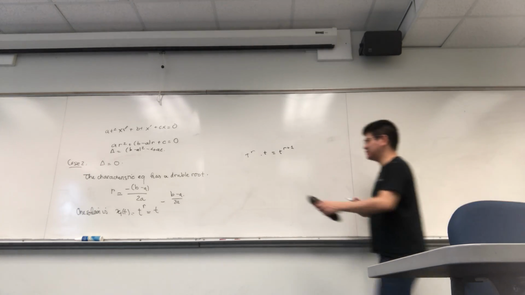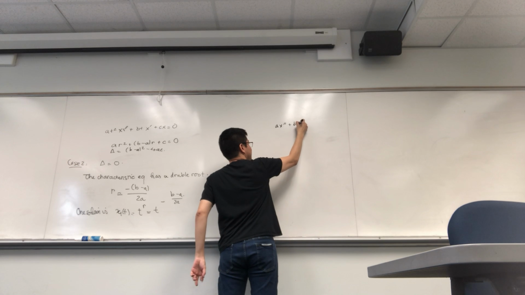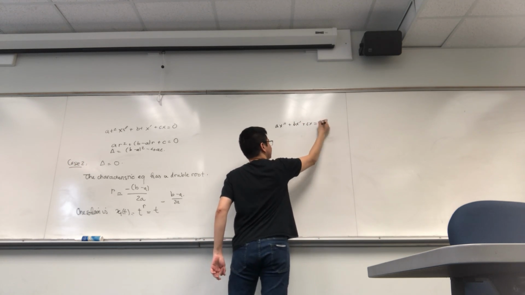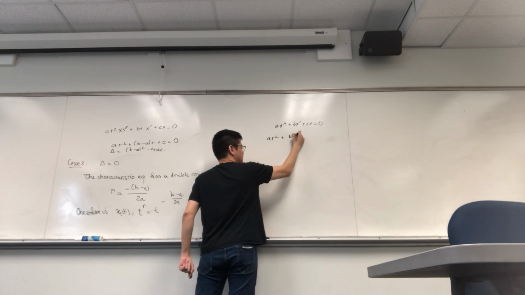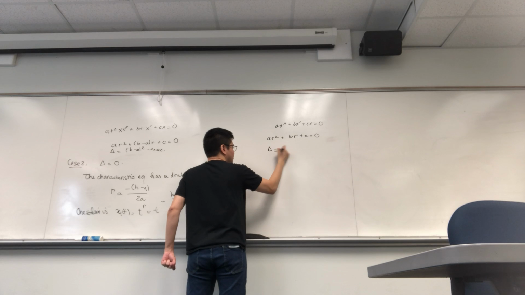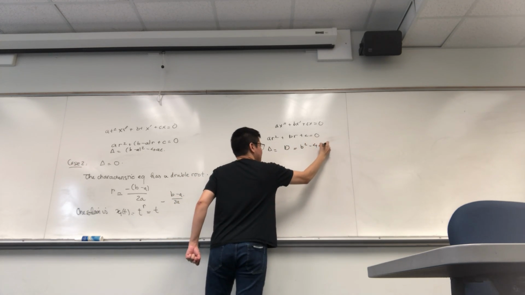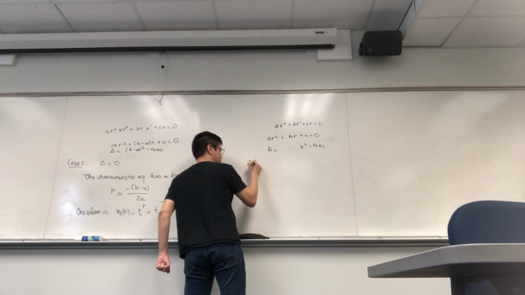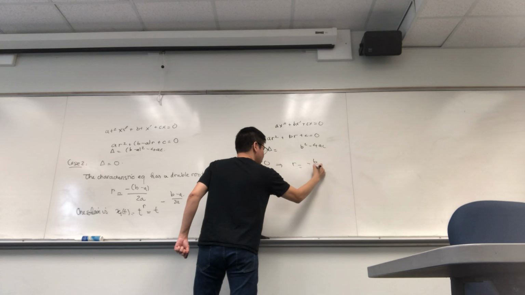Right, so remember that in the other case, for a x double prime plus b x prime plus c x is 0, the characteristic equation is a r squared plus b r plus c, 0. If the delta is 0, where delta is b squared minus 4ac, you have one root, which is minus b over 2a.